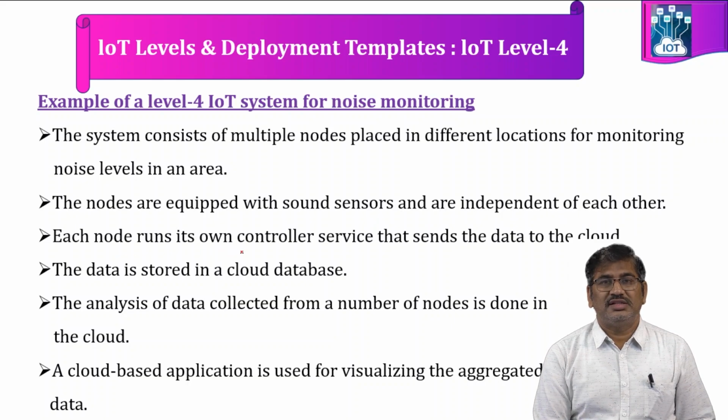Each node runs its own controller service that sends the data to the cloud. The data is stored in a cloud database. The analysis of the data collected from various nodes is done in the cloud. The application, which is cloud based, is used for visualizing the aggregated data.